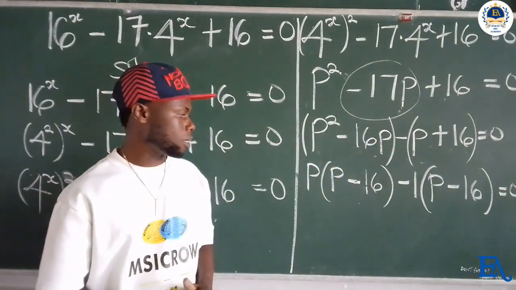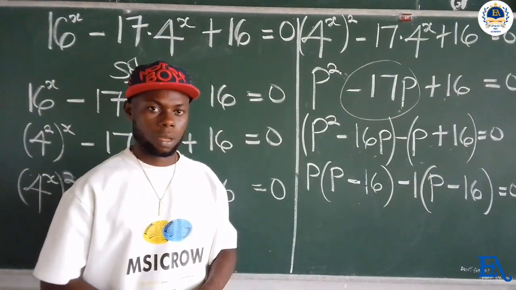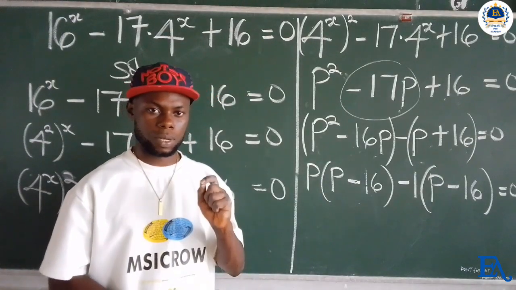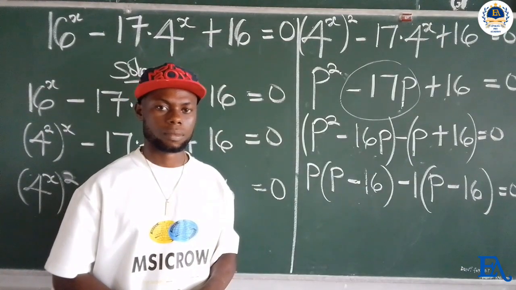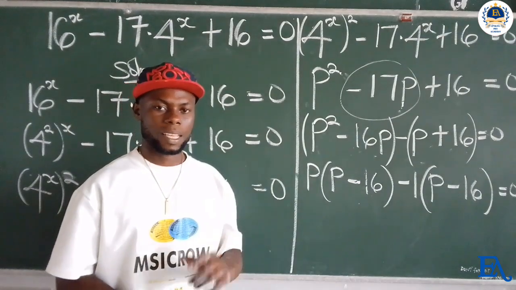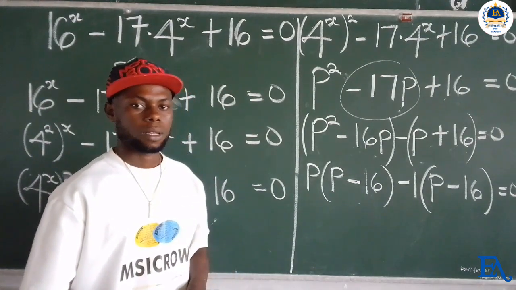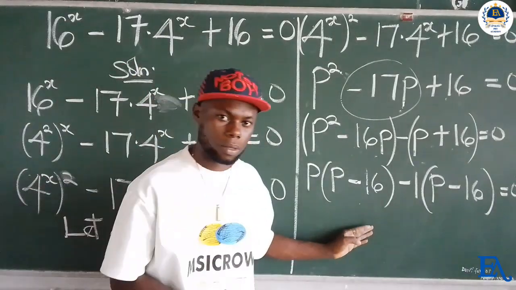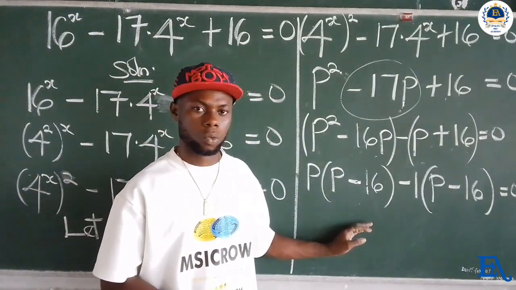We can make p the subject. How do we make p the subject at this juncture? Now we consider what is written inside the brackets. They must be the same. So if you observe, the two brackets are basically the same, with the same sign.